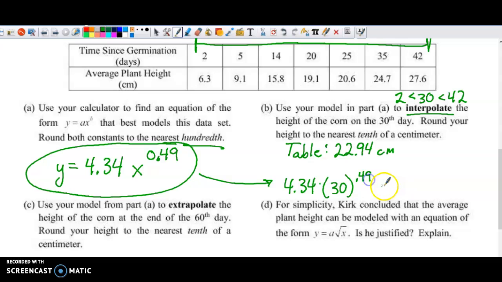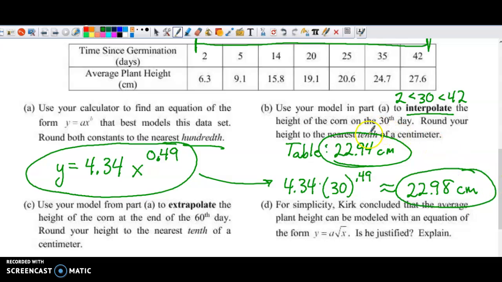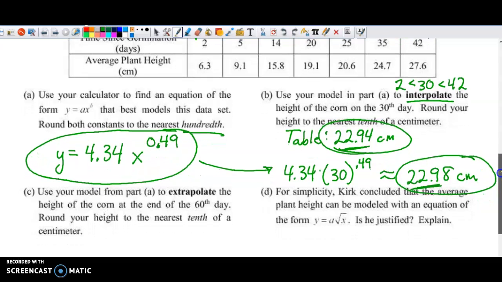So I'll accept both answers. One's a little bit better than the other. I like this answer better because there's no rounding, but this is pretty good as well. And if you did the nearest tenth, this one would be 22.9, this one would be 23.0. So there's a couple of correct answers.